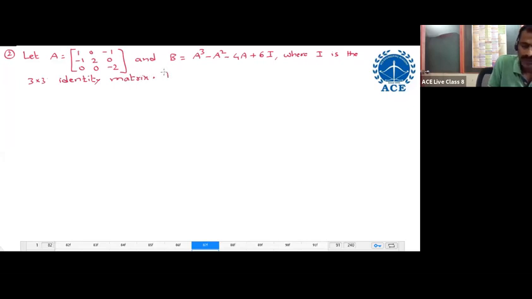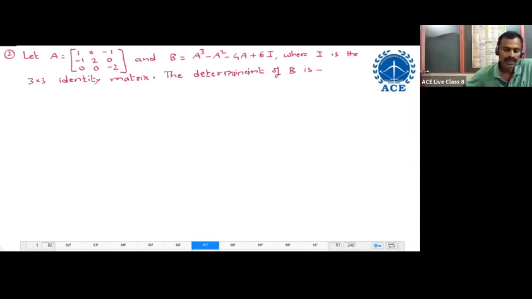The determinant of B is? It is a 2 marks GATE question.